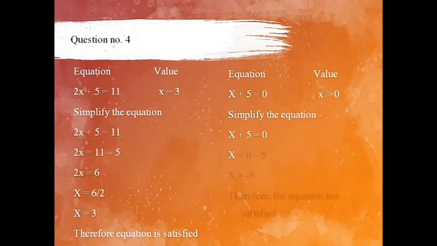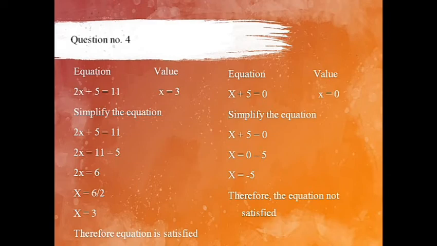So here we will write x equals to 0 minus 5, and 0 minus 5 is equals to minus 5. So therefore x equals to minus 5. So here we got x is equals to minus 5, but here the value is given x equals to 0. Therefore the equation is not satisfied.